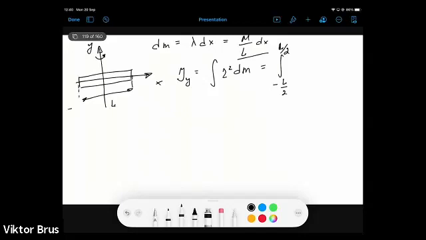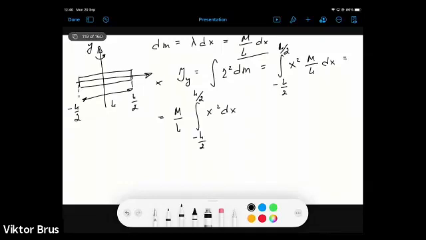So here is minus L over 2. Here is L over 2. Times x squared m divided by L dx. So m divided by L, these are constants. We can take them out from the integral. We will have here x squared dx.